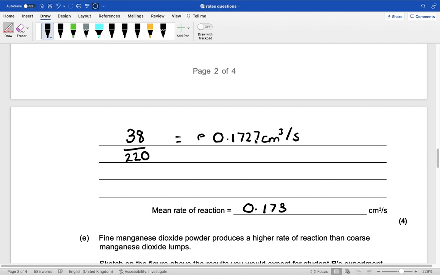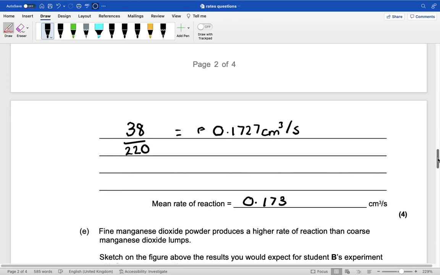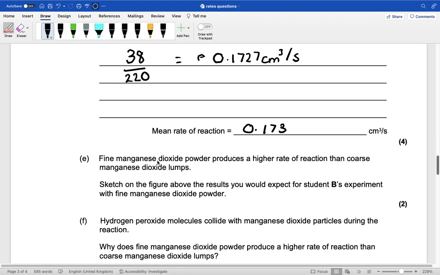So because it's 5 or above, I'm going to have to round up. So it gives me 0.173 centimetres cubed per second. And the units are already given to us in this question.